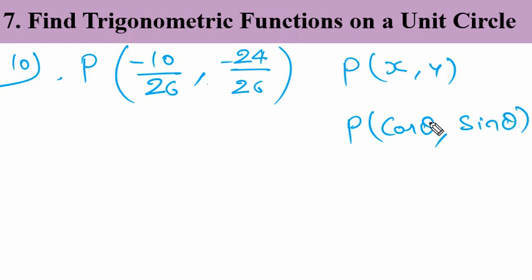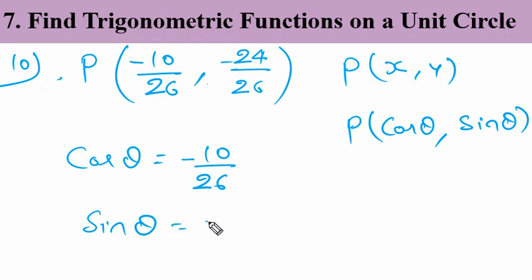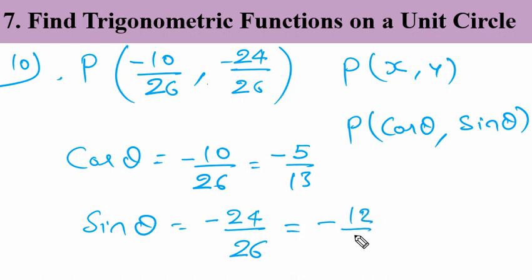That's what we did. x is equal to cos theta, y is equal to sine theta. So cos theta will be equal to negative 10 over 26. Sine theta will be equal to negative 24 over 26. If you want to simplify, you can. Negative 5 over 13, because 2 is a common factor, and similarly for this, negative 12 over 13. You can write the simplified expression.